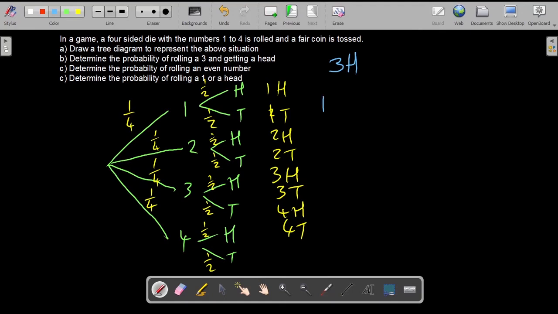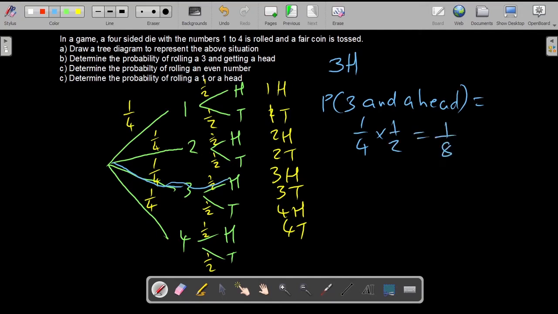So the probability of 3 and a head would be, let's go along the path. You have 1 over 4. Then on the way to H, and you stop at the value that you're looking for, you basically have a half on that branch. So 1 over 4, and on the branch you have a half. Multiply that as well.